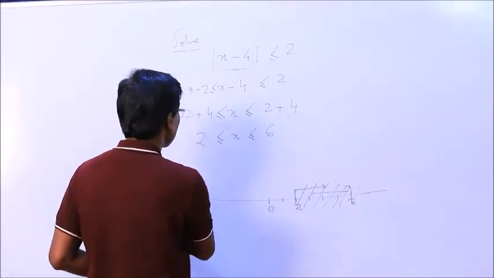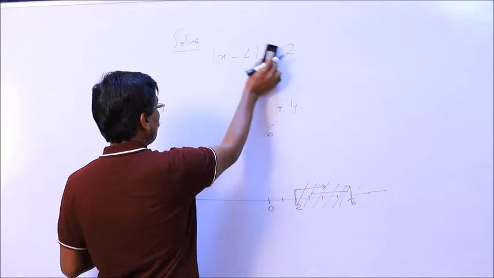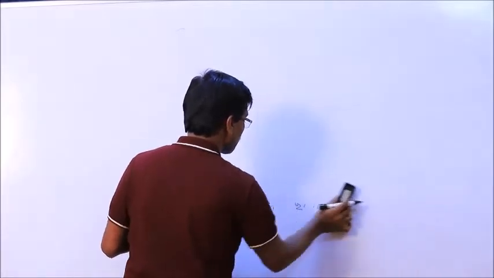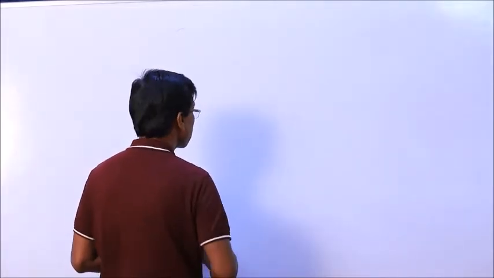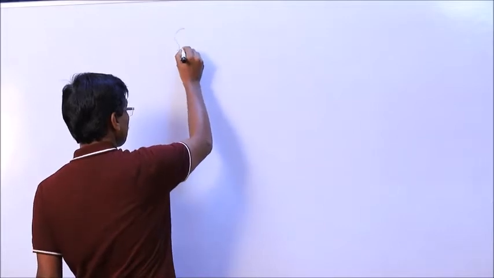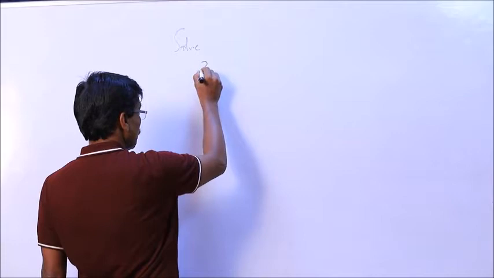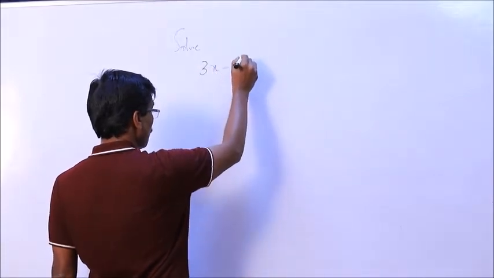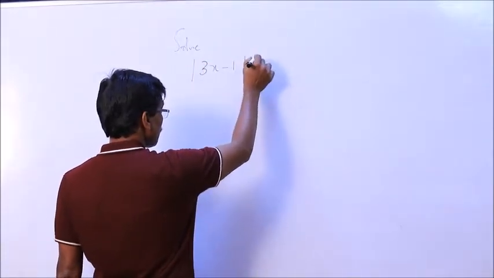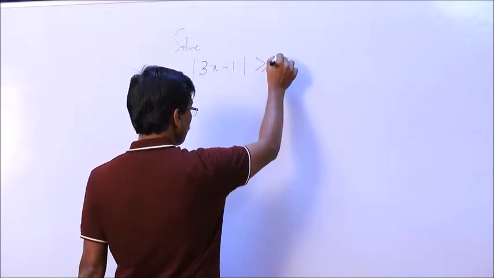Similarly, we can take one more example: modulus of 3x minus 1 is greater than or equal to 4.